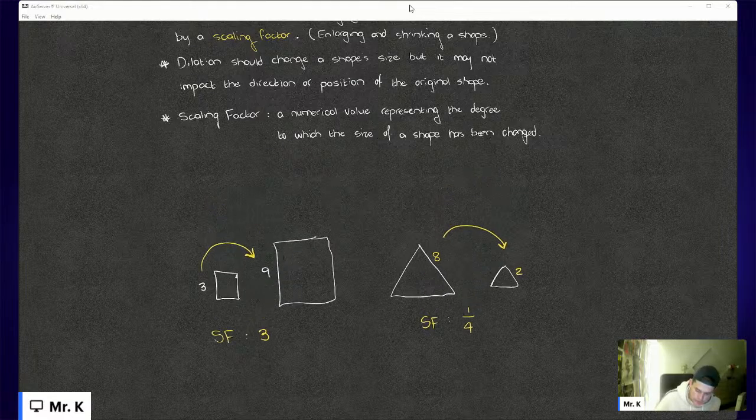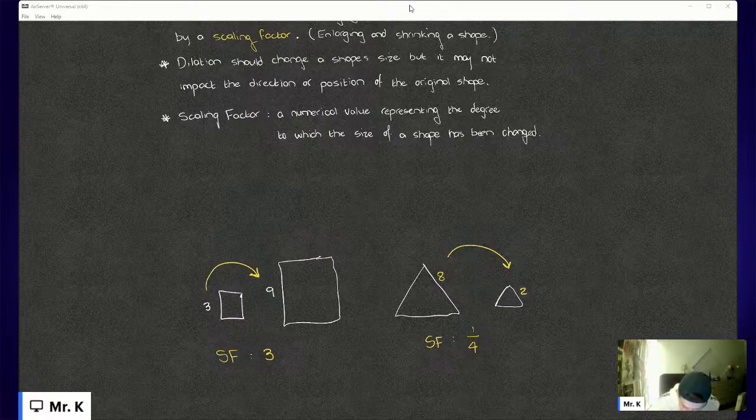Well, it would be pretty good to understand how to calculate the scaling factor. So, how do we identify it?